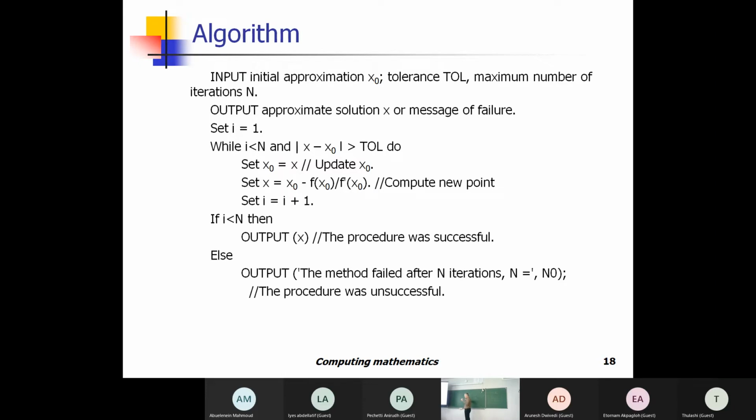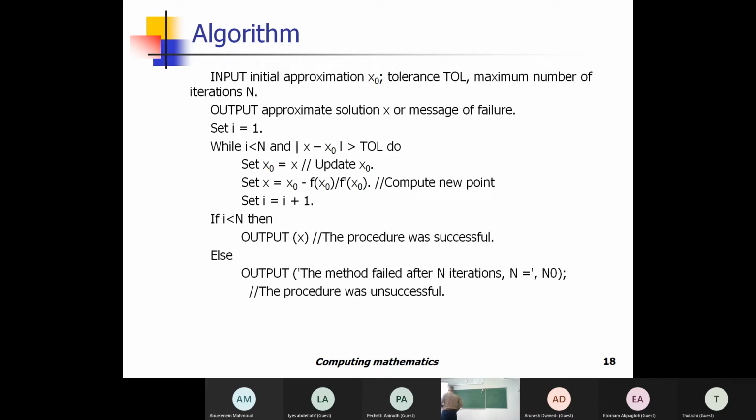This is the main feature of this method: to apply it, we should know f of x and f prime of x. Then we take x0, and fix the tolerance and the maximum number of iterations. The output is the approximate solution x, or a message of failure.